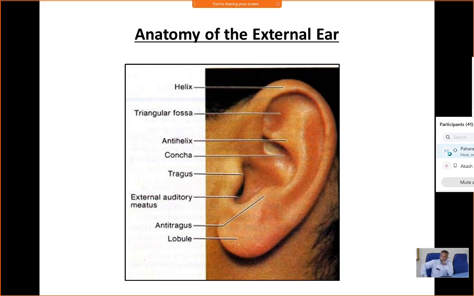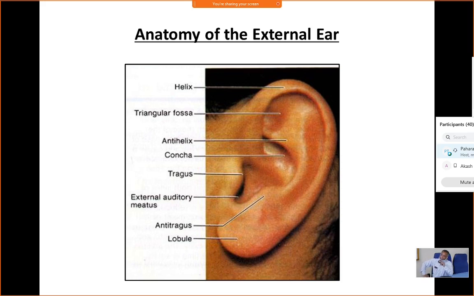Just anterior to the helix there is the antihelix, which extends from the upper part to the lower part. Then just anterior and inferior to the antihelix there is a depression called the concha. The concha is the depression at the center of the pinna, lying anteroinferior to the antihelix.